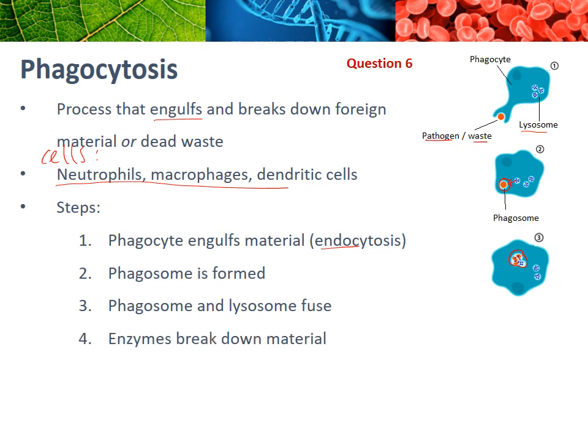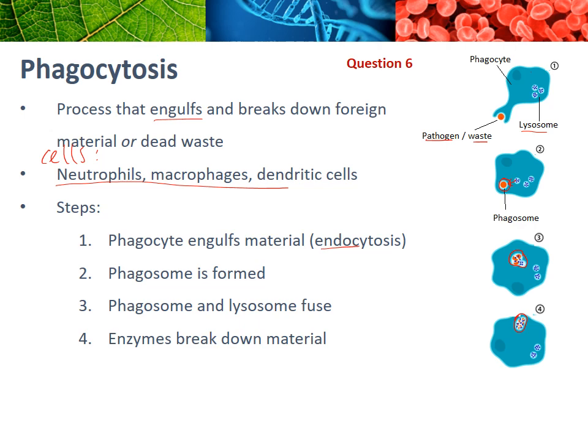And then the enzymes will act upon that material and break it down. You can see here now the blue and the orange are all mixed together because those enzymes have broken down the bits of that pathogen or that waste material.